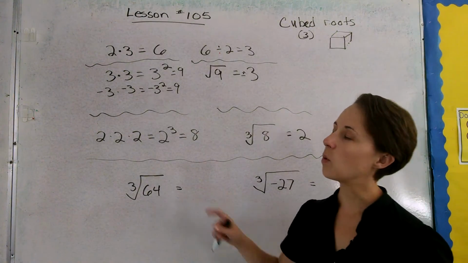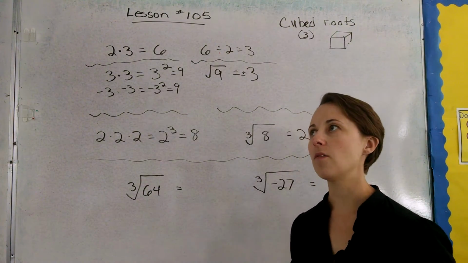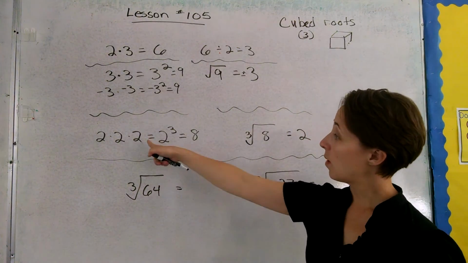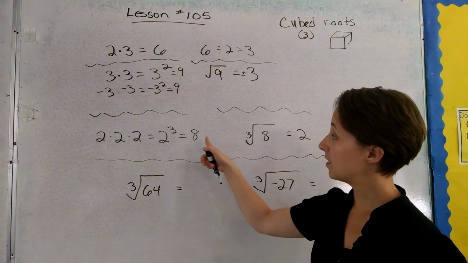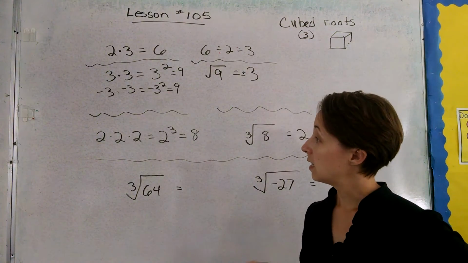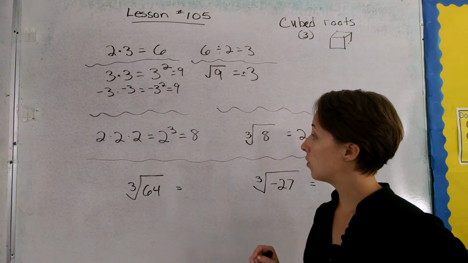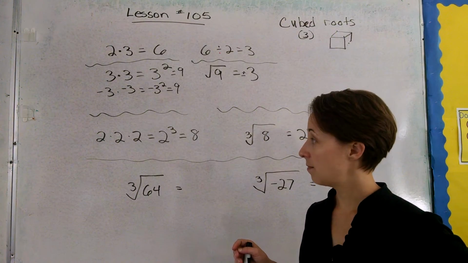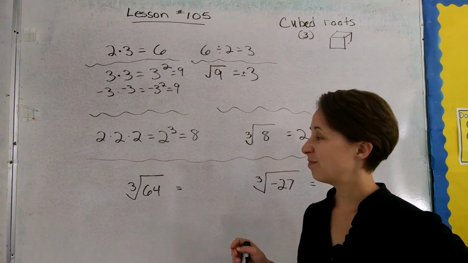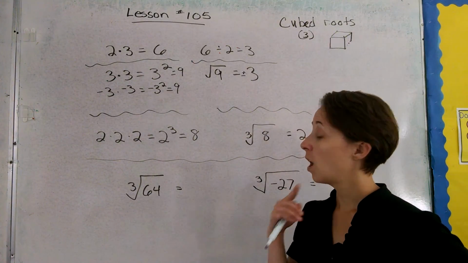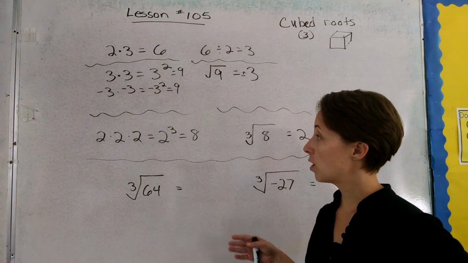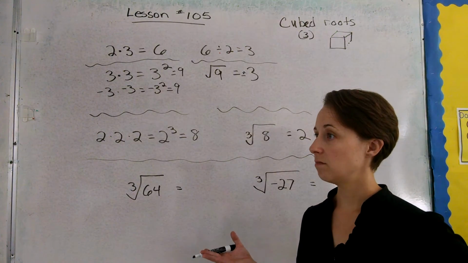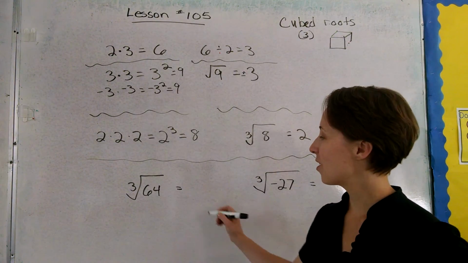Okay, 64. What number times itself 3 times makes 64? Well, I know it has to be bigger than 2, because 2 cubed would be 8. So let's work up from there. What about 3 cubed? 3 times 3 would be 9, times 3 again. No, that's not 64. What about 4? 4 times 4 would be 16, times 4 again would be 64.